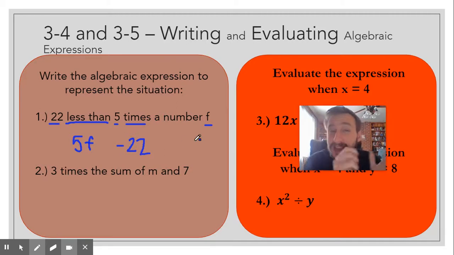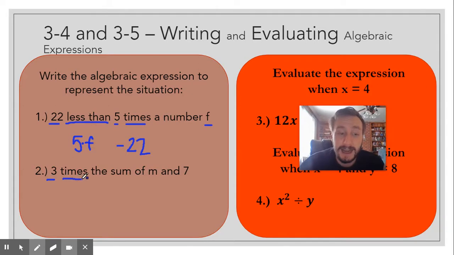All we're doing is we're taking the important information and just bringing it down. 5 times a number f, and I could have written it with a multiplication symbol in between, and that's fine. But then we want to subtract 22 from it. And this is all you have to do. We're not solving anything. We're just writing algebraic expressions. Let's try the next one.